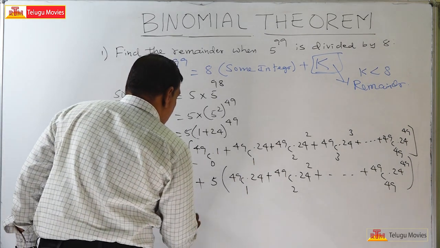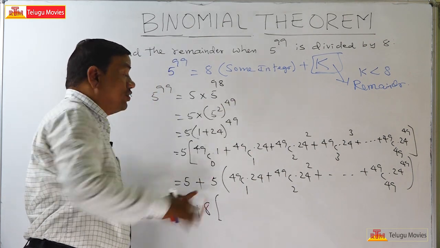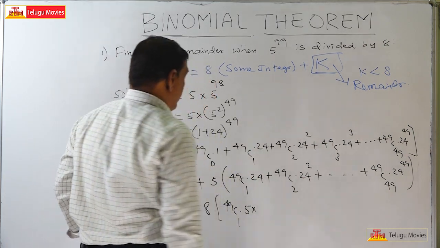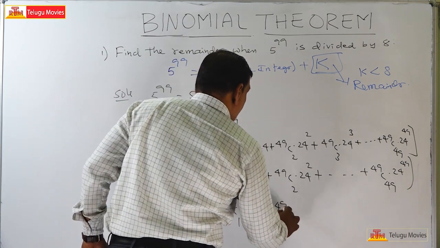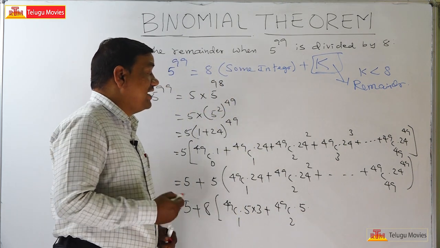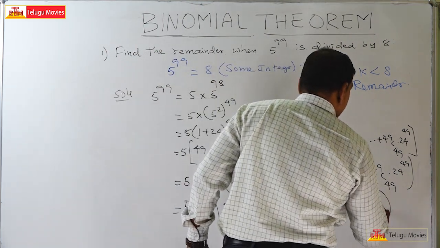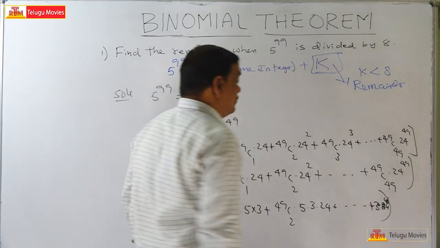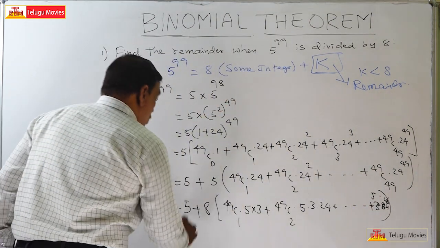That is equal to 5 plus 8 into, multiplying 5 inside, 49C1 into 5 into 3, since 8 already came and 3 remains, plus 49C2 into 5 into 3 into 24 whole to the power of 48, and so on. No problem.